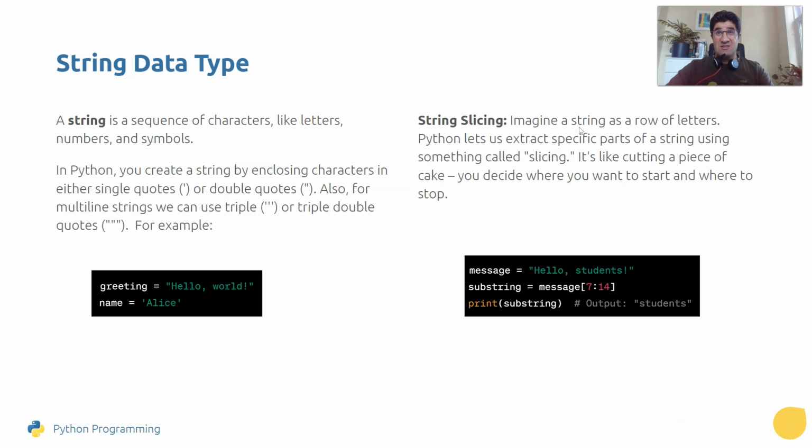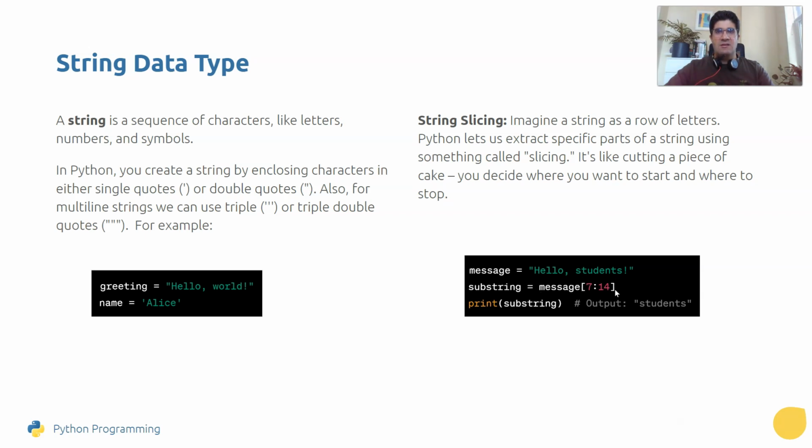One of the important operations in Python is slicing. Because strings look like a row or a queue of letters, they have an index, and we can extract a specific part of a string using slicing. Slicing allows us to get a substring out of a current string. For example, we have a message, hello student, and we want to extract the student.